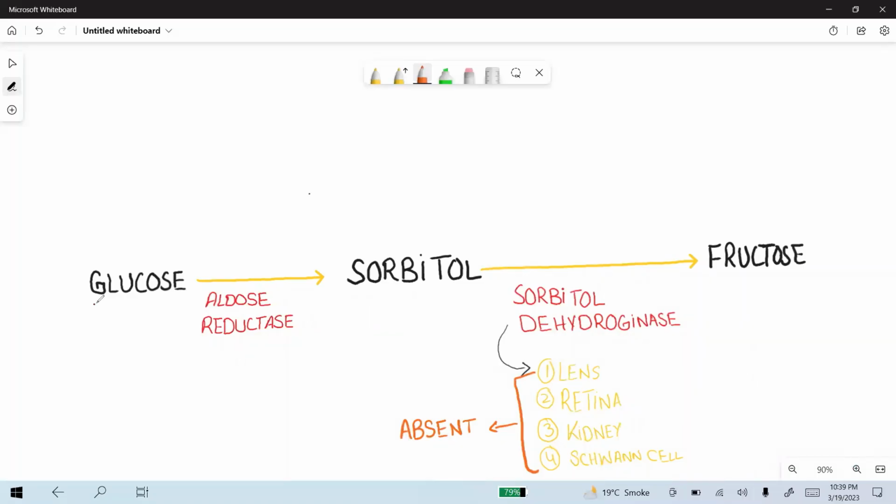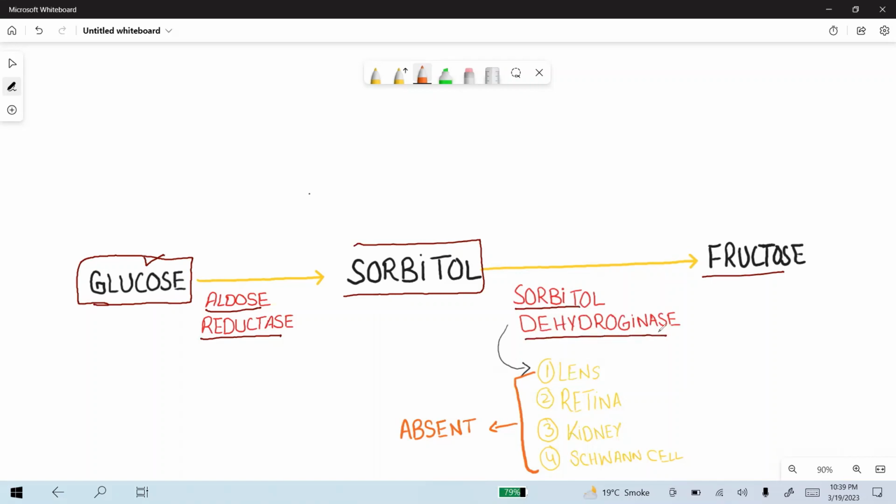An alternative method to trap glucose in the cell is to convert glucose into sorbitol by the enzyme aldose reductase. Next, sorbitol is converted to fructose by the enzyme sorbitol dehydrogenase. What happens in chronic hyperglycemia?